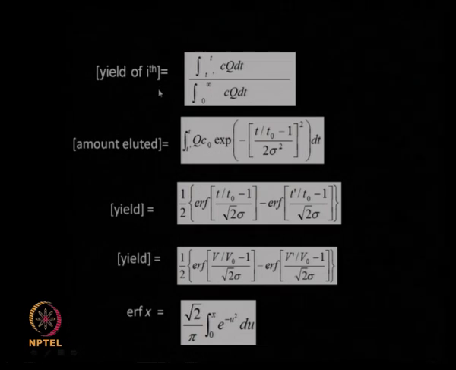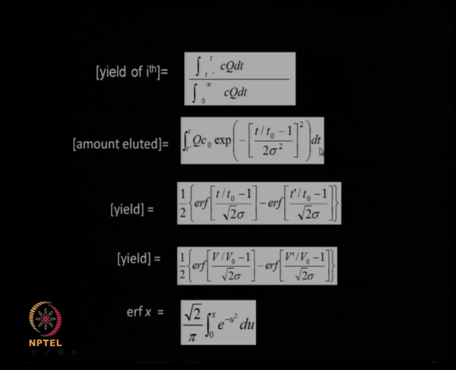Yield of I, the component, will be the integral of CQ dt between t dash to t, divided by the integral of CQ dt between 0 to infinity, obvious, right? This is yield. The amount eluted we can integrate from t dash to t of Q C naught exponent minus (t by t naught minus 1) whole square divided by 2 sigma square dt.